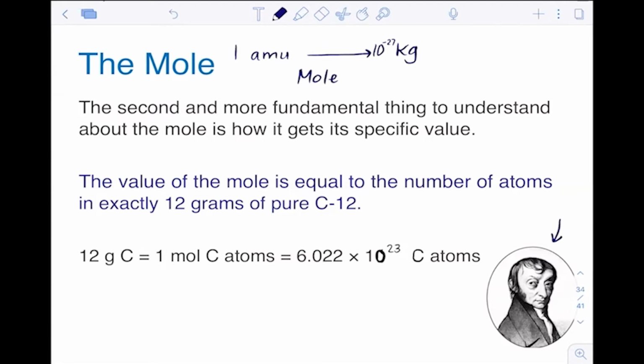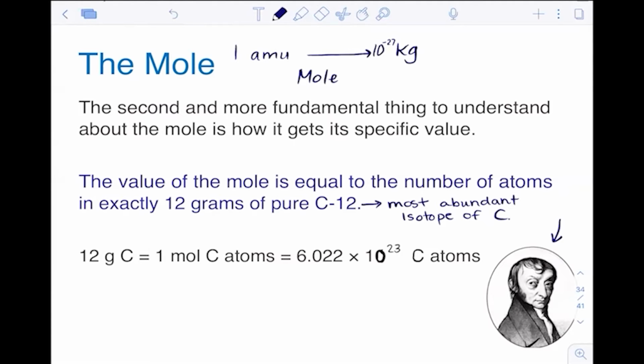It was often used already in combustion reactions. And so a lot of people were already working with carbon. And carbon-12 is the most abundant isotope of carbon. And there was just a lot of it around.